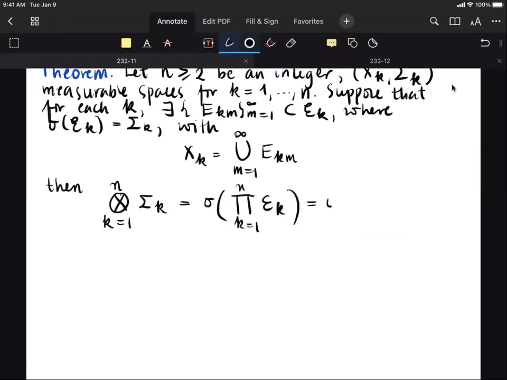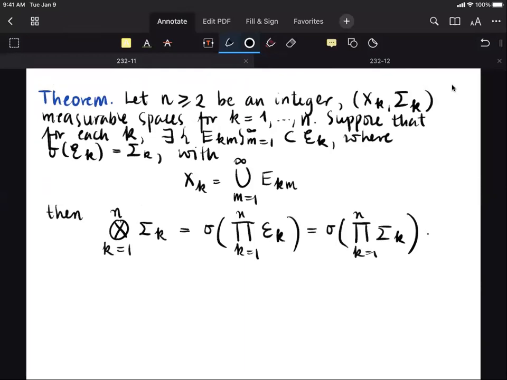And this is the same as the Cartesian product of the sigma algebras. Okay, so here we have an alternative generator for the product sigma algebra. You can generate it by taking the Cartesian products of the sigma algebras, or more simply, you can take the generators.